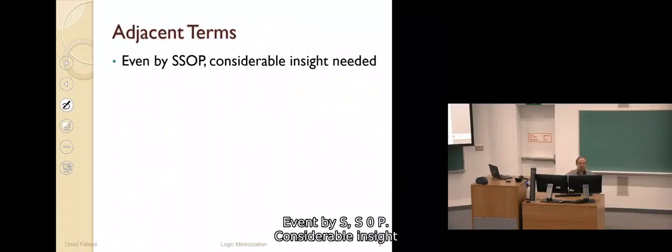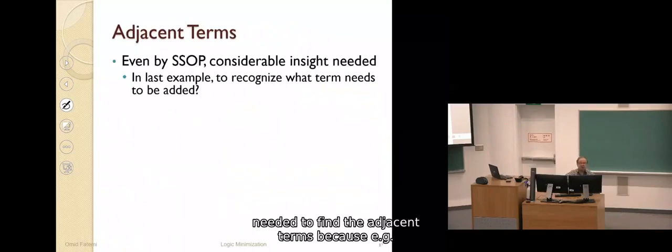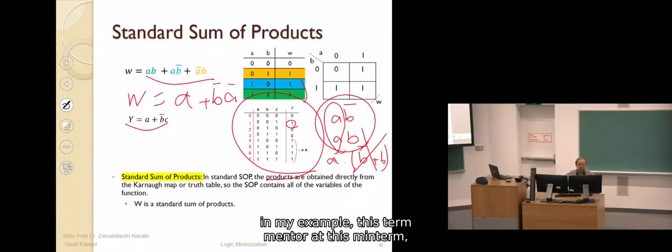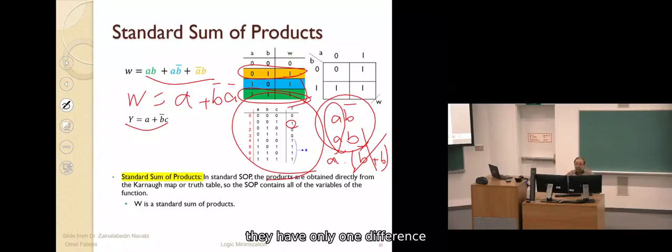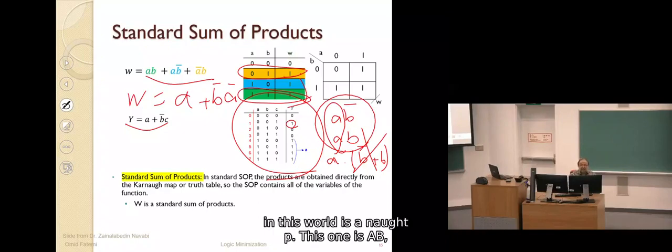Even with SOP, considerable insight is needed to find the adjacent terms. For example, in my example, this minterm and this minterm are adjacent because they have only one difference, in A. This one is A naught B, this one is A B, but they are not in adjacent rows, and it is hard to find out that we have to combine them.